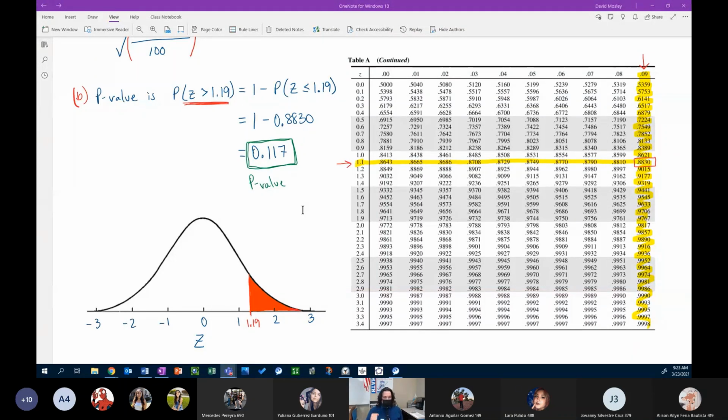At this point, we have not been asked to make a conclusion, or to compare that to an alpha, a significance level. So we're done. We found the test statistic, and we used that test statistic to find the p-value. We're done.